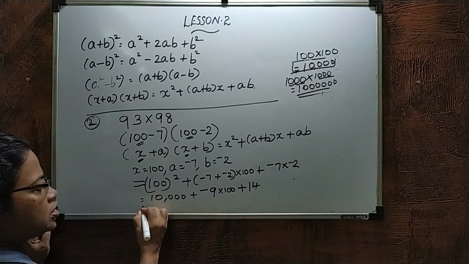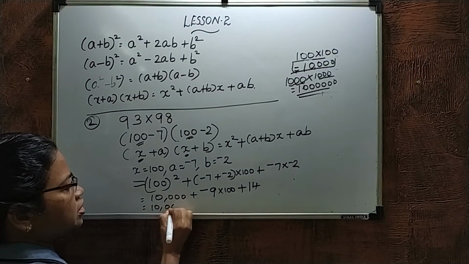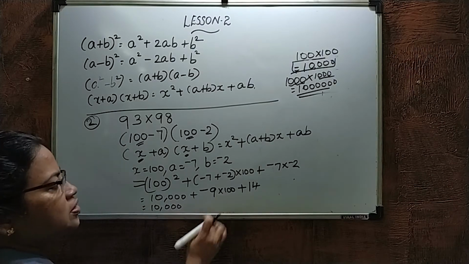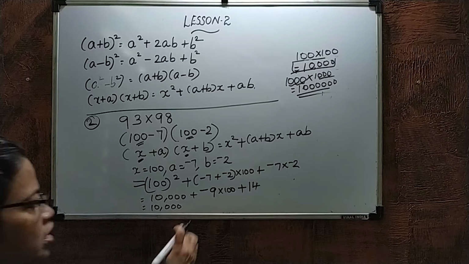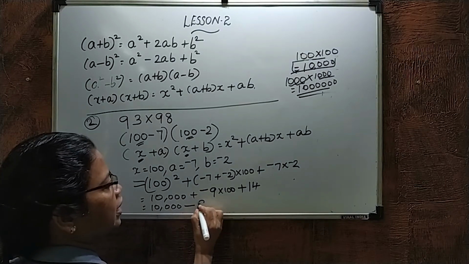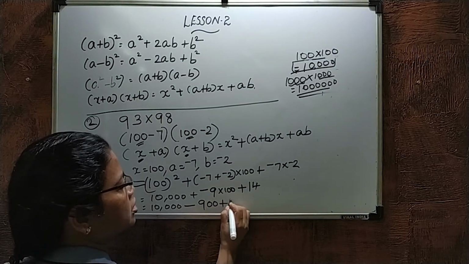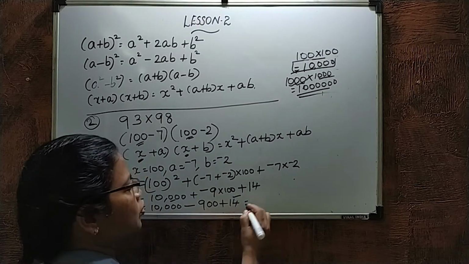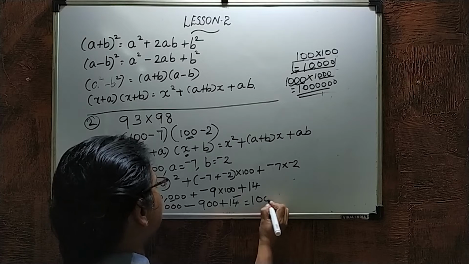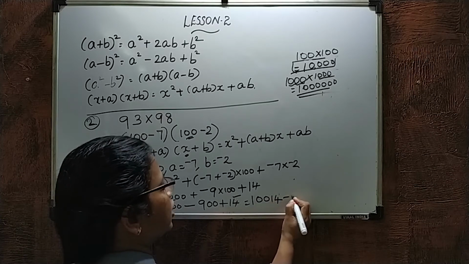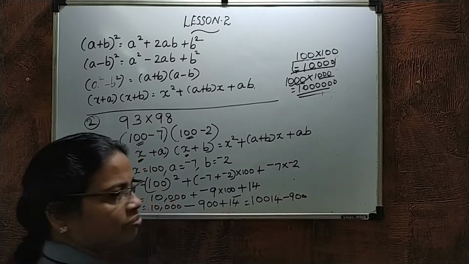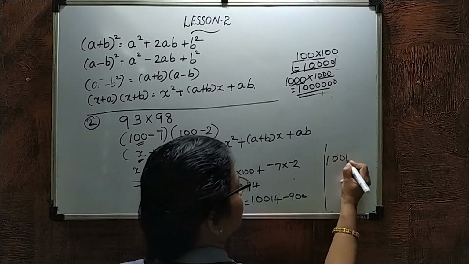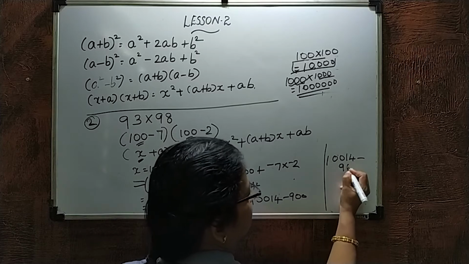So here it is positive into negative, negative 900 plus 14. Take the positive first. That means 10,000 plus 14, it is 10,014 minus 900. If you have confusion, use the working column and then do 900.